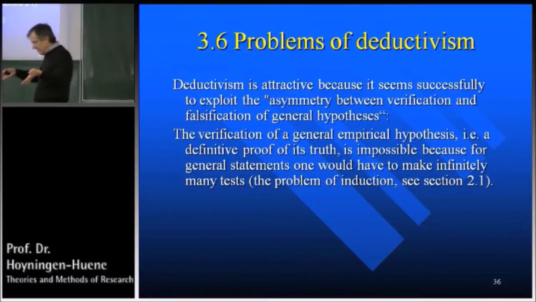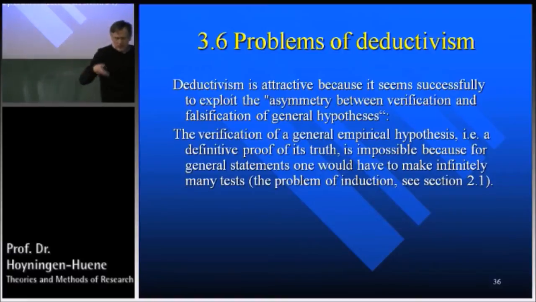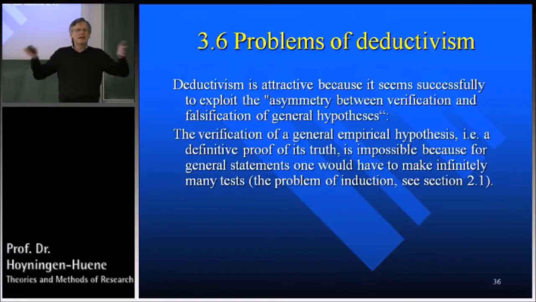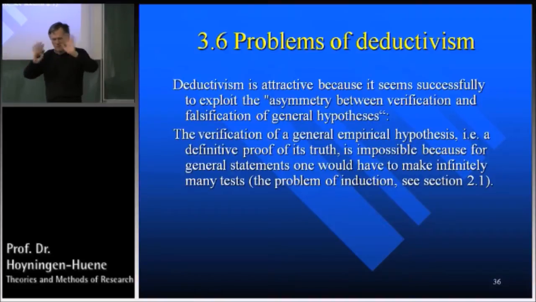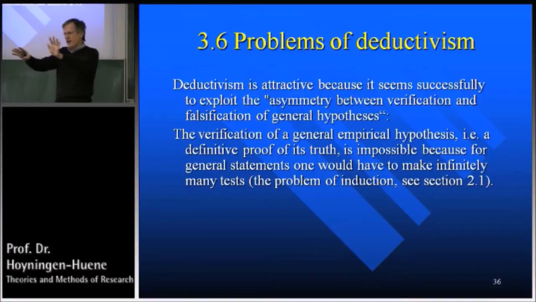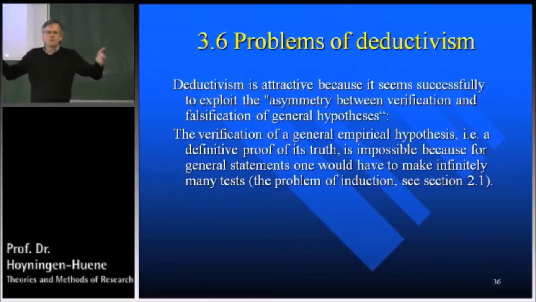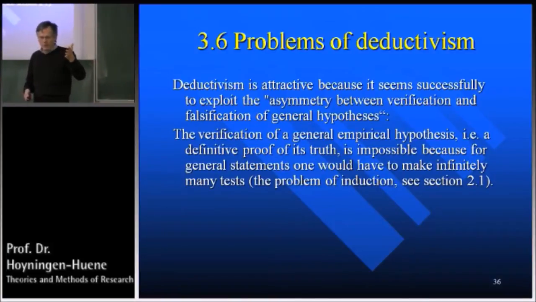And that's in the empirical sciences, unfortunately, not possible because we have infinitely many cases, and we cannot run through infinitely many cases in finite time, right? Unless the time shrinks faster than the expansion, but that's a mathematical trick that doesn't work. So it is not possible to verify a general hypothesis because infinitely many tests would be necessary, and that we can't perform. That was the problem of induction.